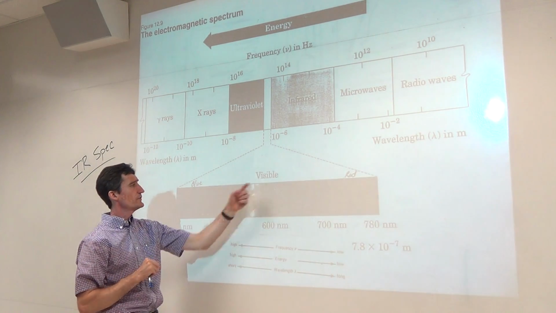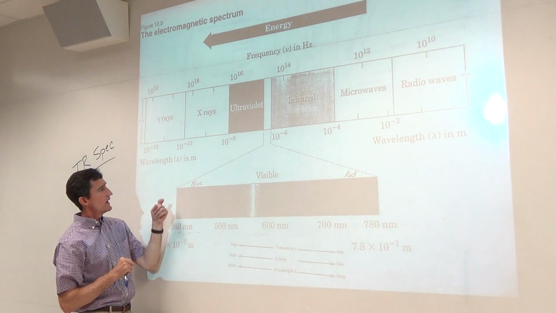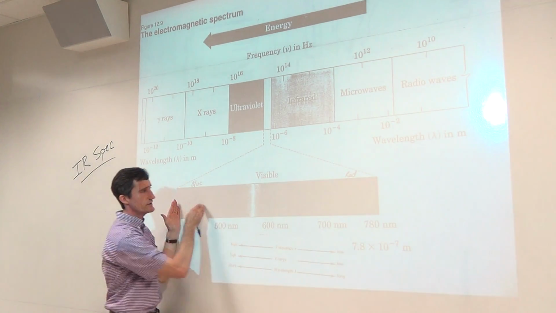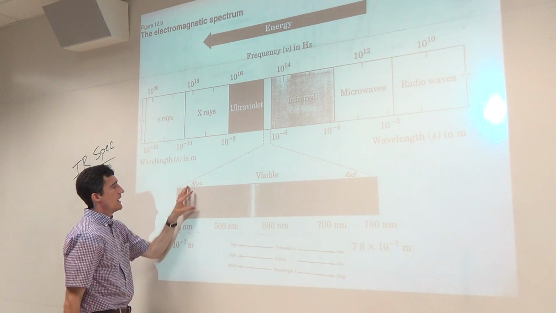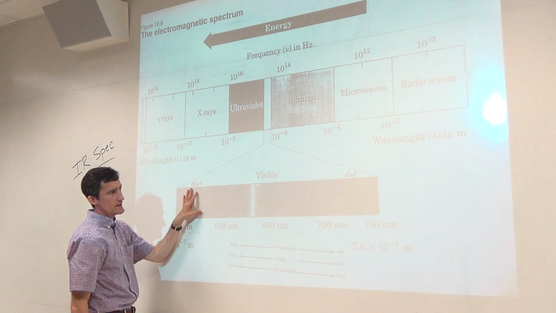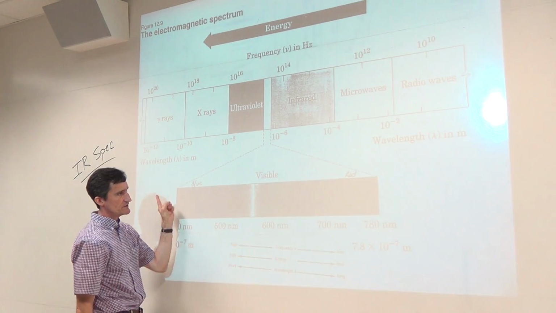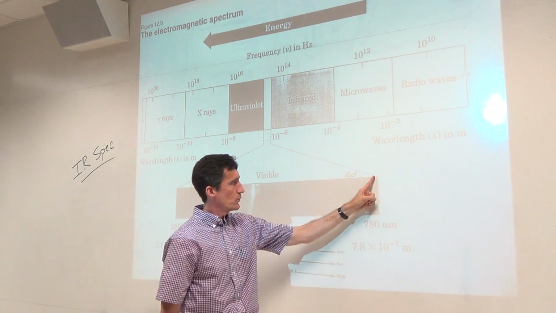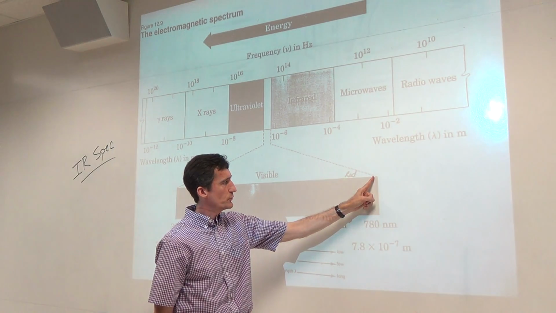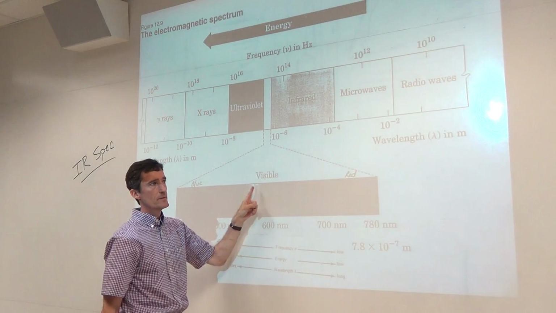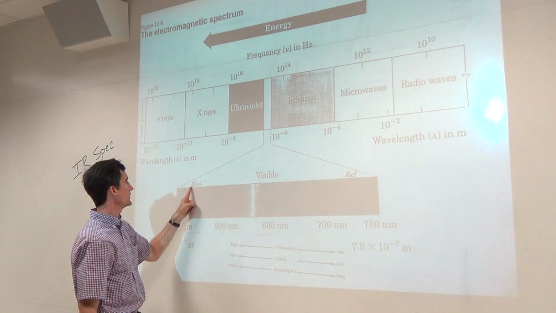By the way, on this chart the visible region is shown in black and white. Blue is your higher energy visible, and now we can start seeing colors. You may remember the mnemonic from Gen Chem, ROY G. BIV. That's actually backwards here: red, orange, yellow, green, blue, indigo, violet.